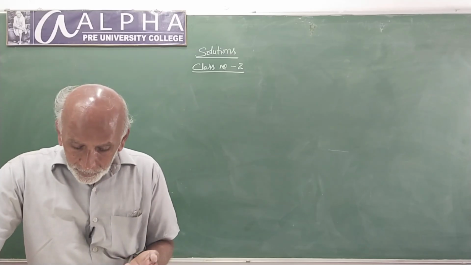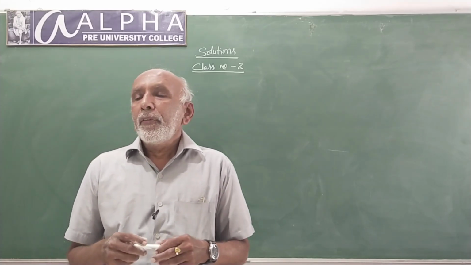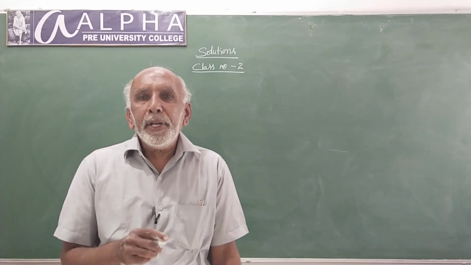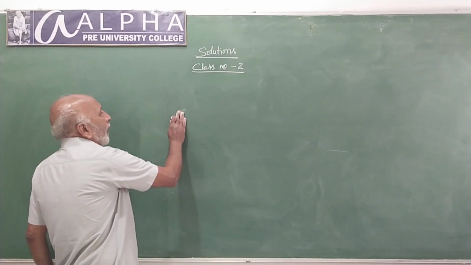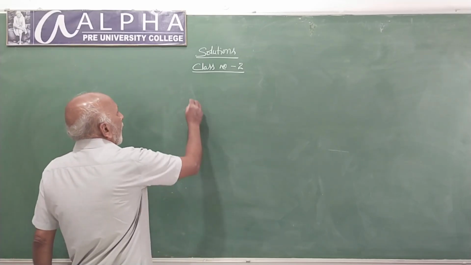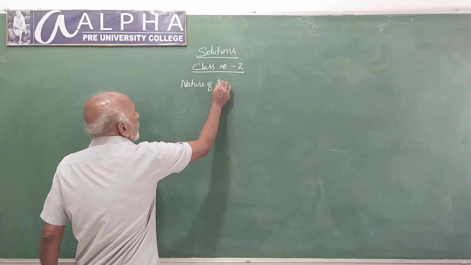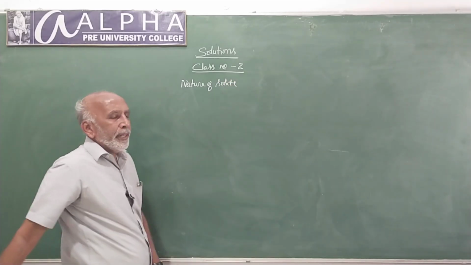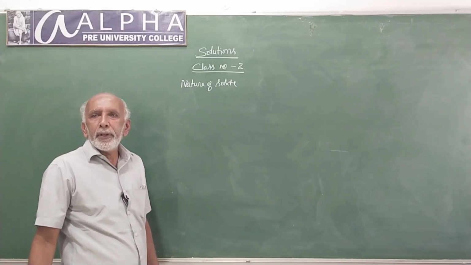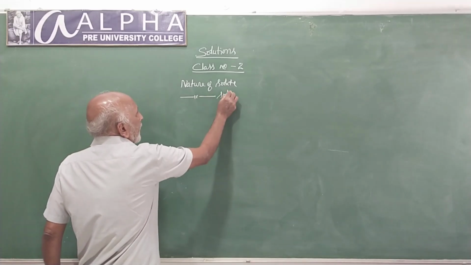Okay. Now, let us see the factors which influence the solubility. See, important factors which influence the solubility of solute in a given solvent are: first one, nature of solute. The solubility depends upon the solute itself. Next, nature of solvent.